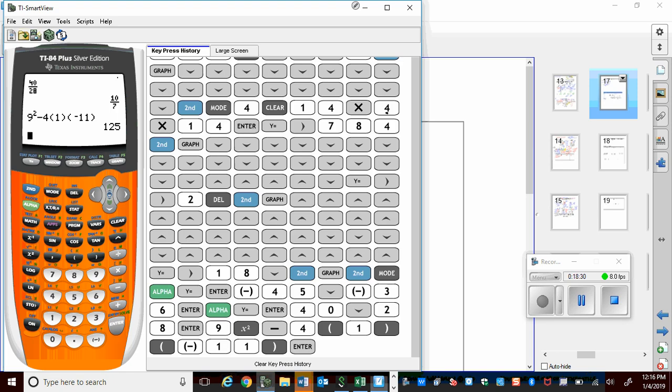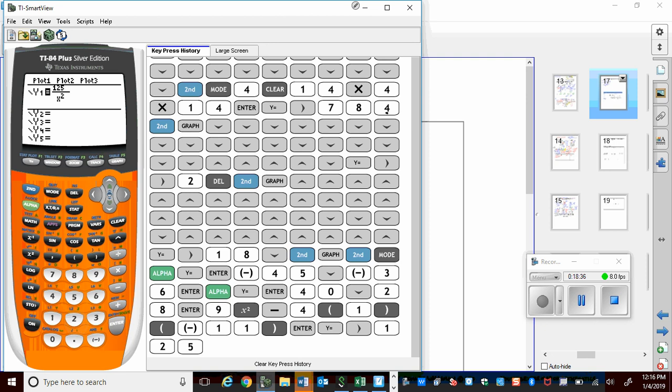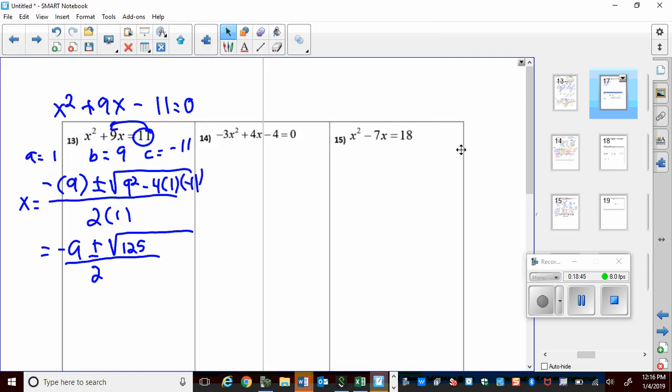So 125, go to y1, 125 divided by x squared. Second table, and I get 5 square root of 5. So this simplifies to negative 9 plus or minus 5 square root of 5 divided by 2.